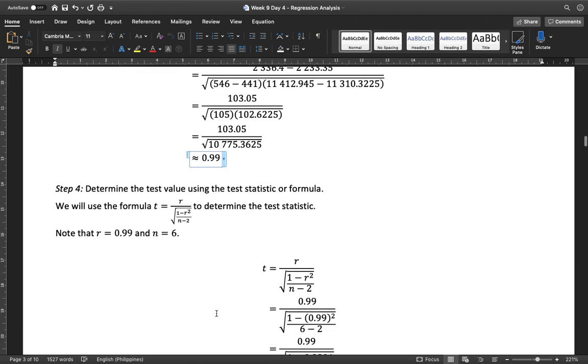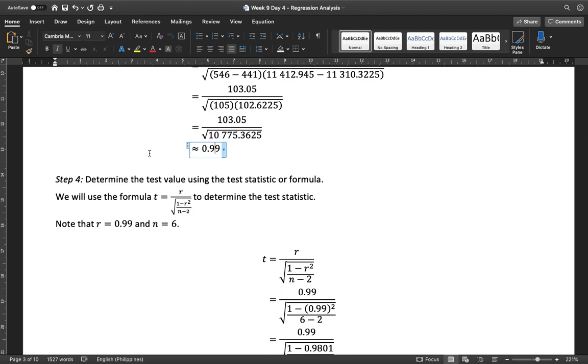Next step, we determine the test value para malaman natin kung significant ba yung relationship or hindi. We make use of this. T equals R over the square root of the fraction 1 minus R squared all over n minus 2. R is 0.99, n is 6.